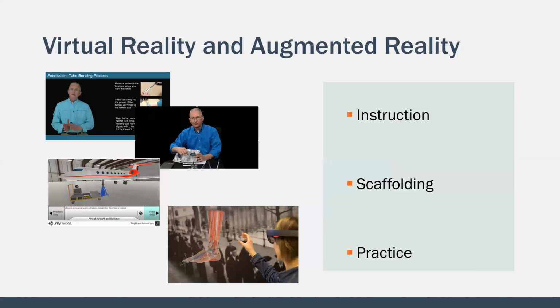And then we created a virtual reality simulation for students to practice that. This all led up to eventually the students needing to perform a successful tube bending and a tube assembly in front of an instructor in order to master that section of learning and progress to the next course.